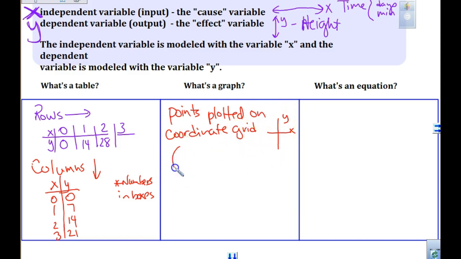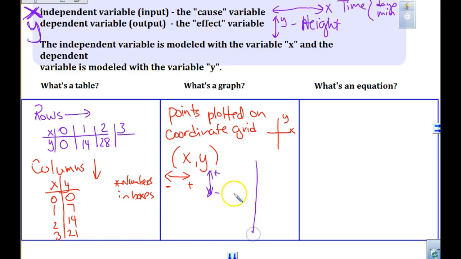When you plot points, you usually have an x coordinate and a y coordinate. The x coordinate is telling us how to move left and right, that first number. If it's positive, you move to the right. If it's negative, you move to the left. The y coordinate is going to tell us how to move on that coordinate grid up and down. So again, if the y is positive, you'd move up, and if it's negative, you'd move down.